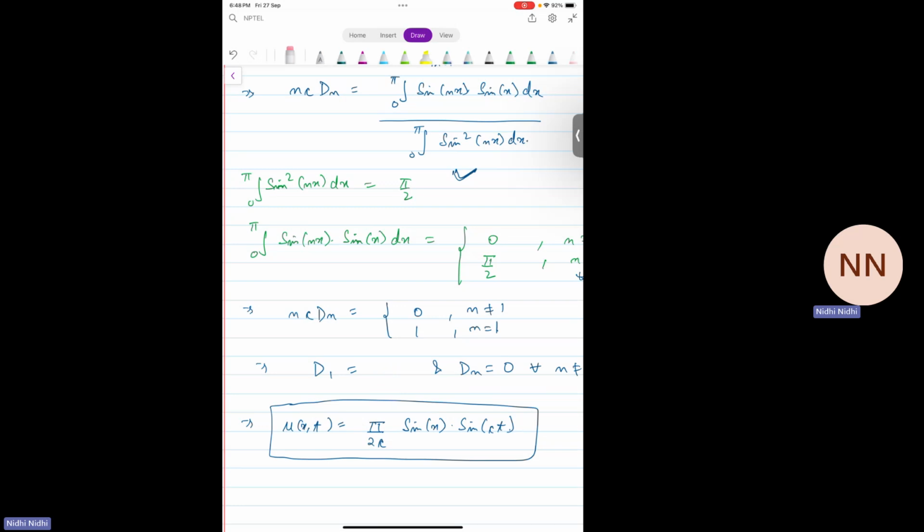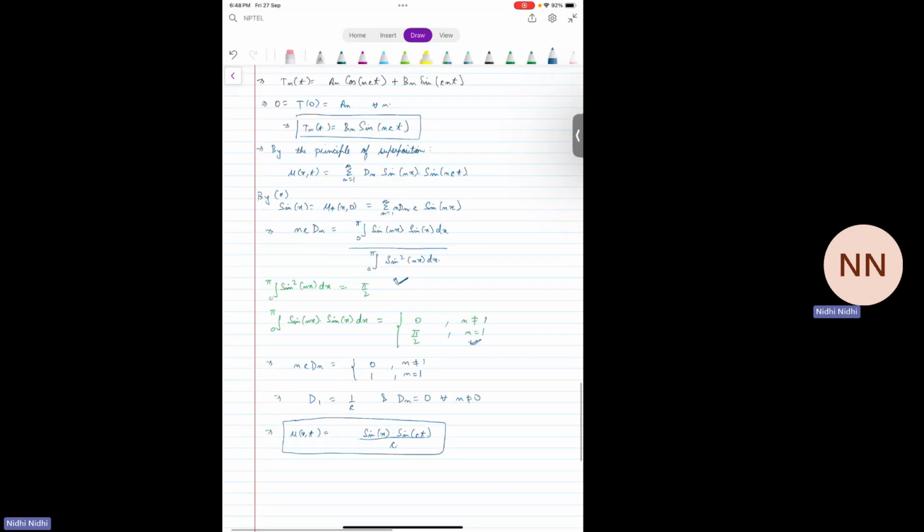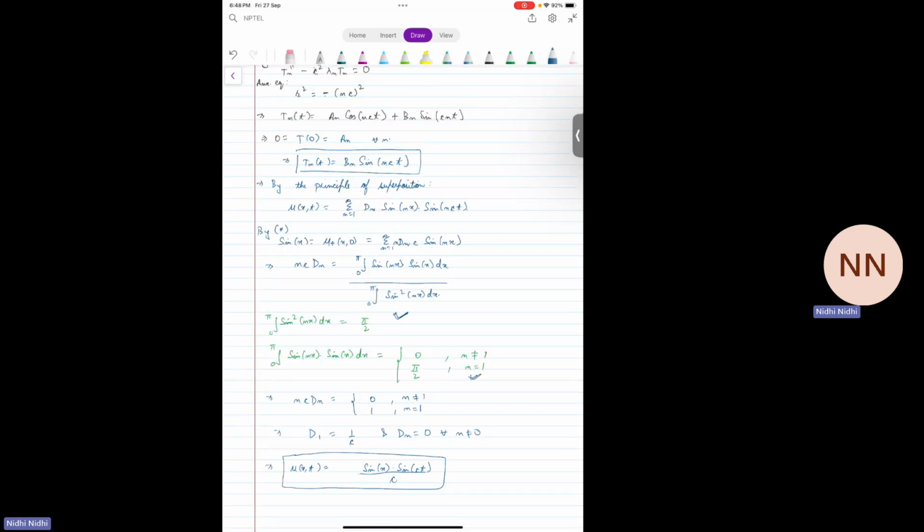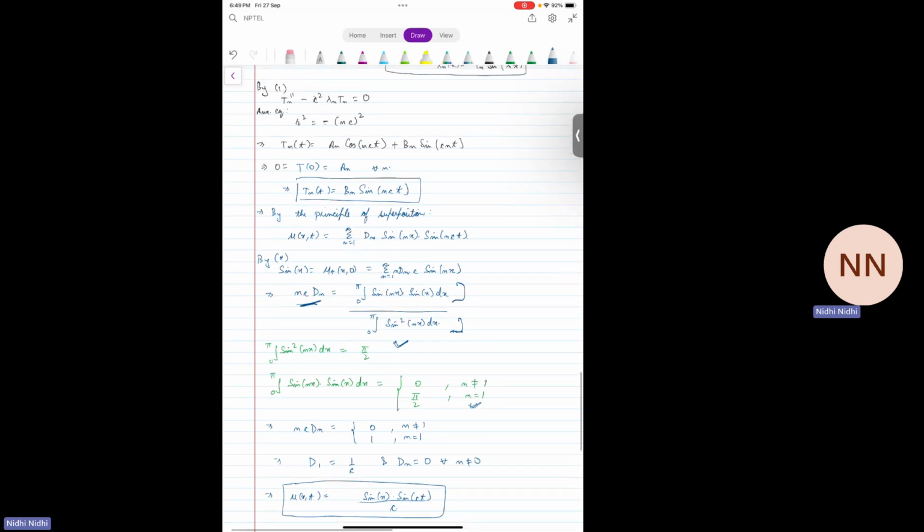I'm sorry about this silly mistake. I hope you got what the mistake was, because n c dn is this numerator upon denominator. I was not dividing by the denominator to find the coefficient dn.